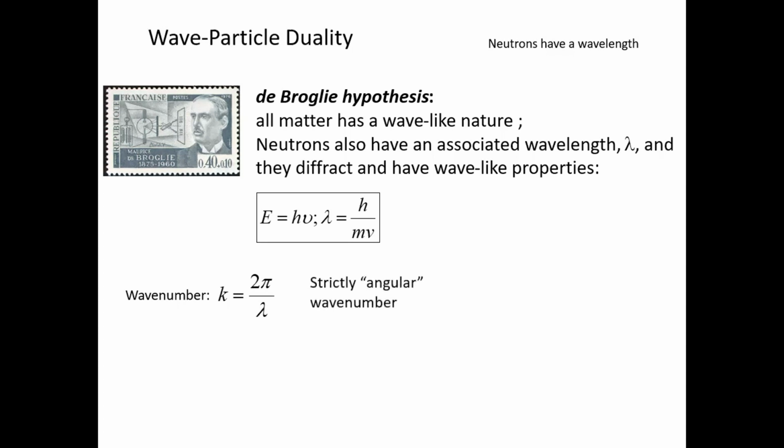Strictly speaking, this wave number is the angular wave number. And the energy in terms of the wave number is given as h cut square multiplied by k square divided by 2m. And that's how the neutrons are expressed in quantum mechanics.